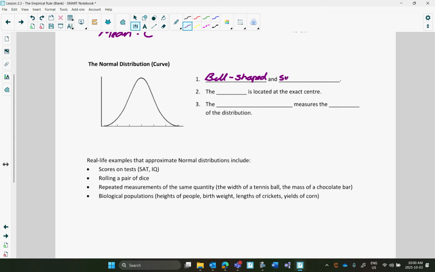So a normal curve is bell-shaped and symmetric. We are going to focus on the mean, not the median. The mean is located at the exact center, so the mean would be located here.